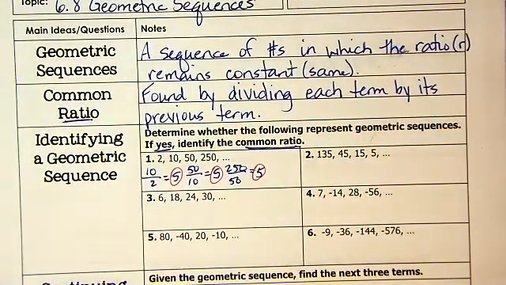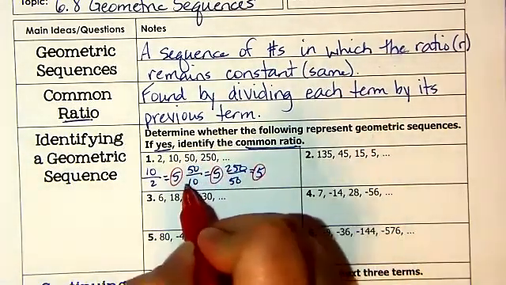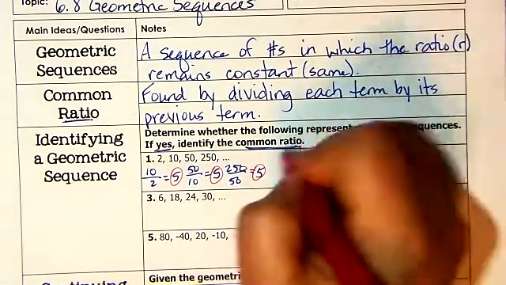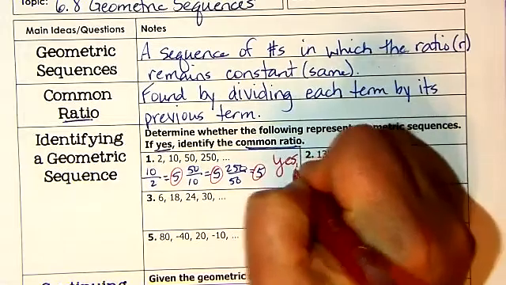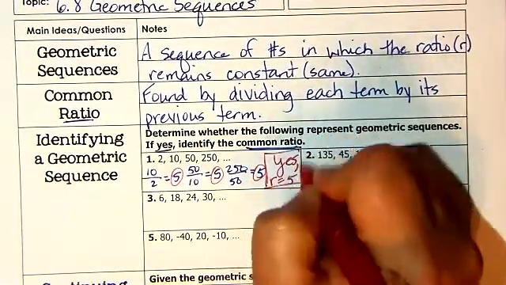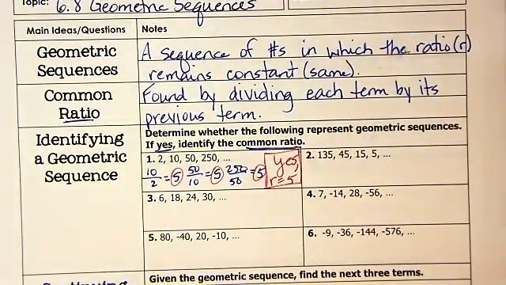Since they are all the same ratio, it's got a constant ratio, then this is a geometric sequence. So my answer is yes. And my common ratio is 5.